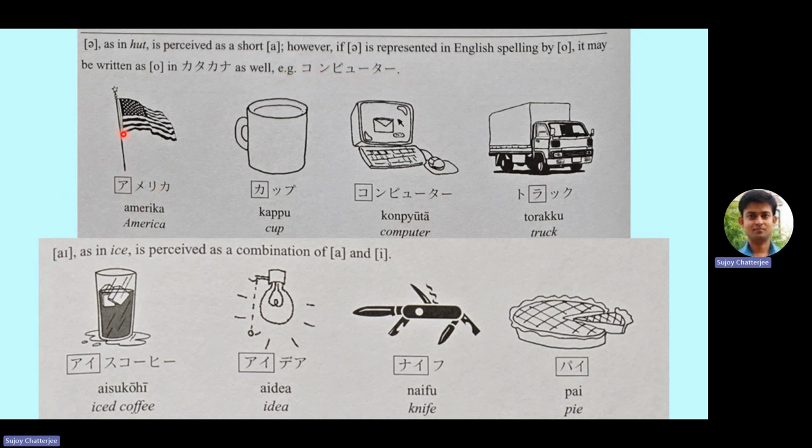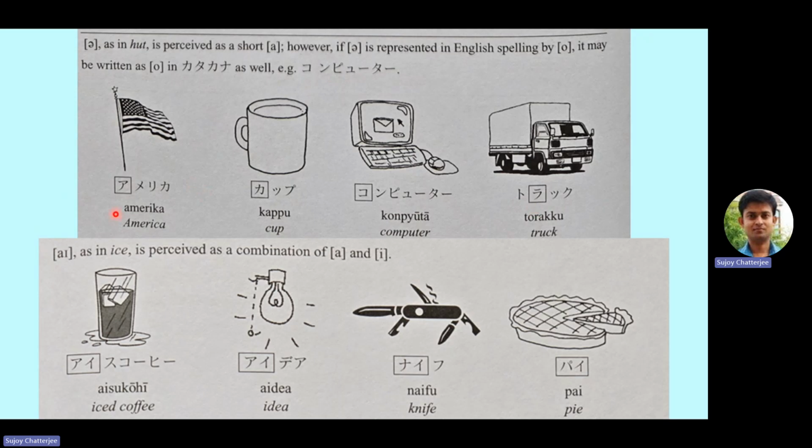So let's look at the one that we are discussing, the a sound as in hut. America, it's amerika. Cup, it's kappu. Computer, it's kompyuuta. Truck, a sound again here, so torakku.